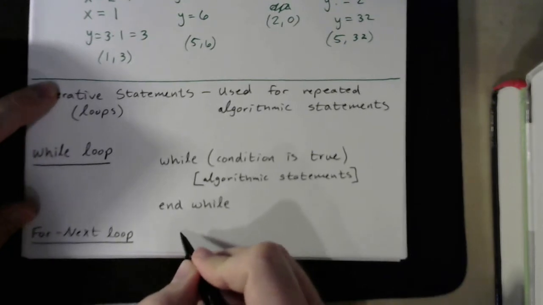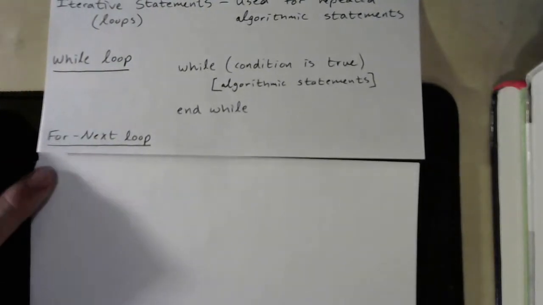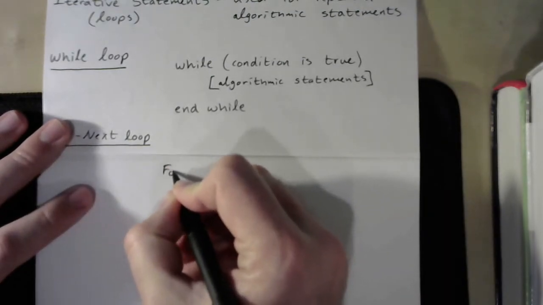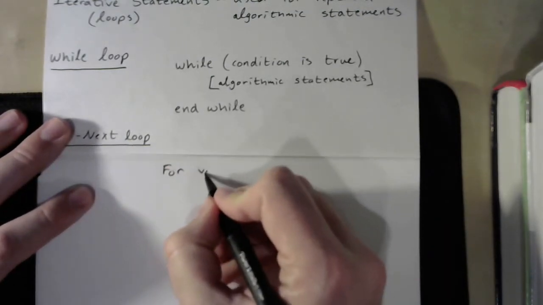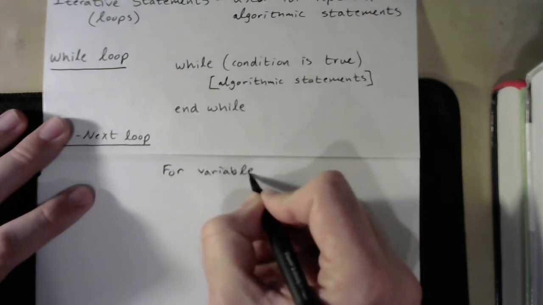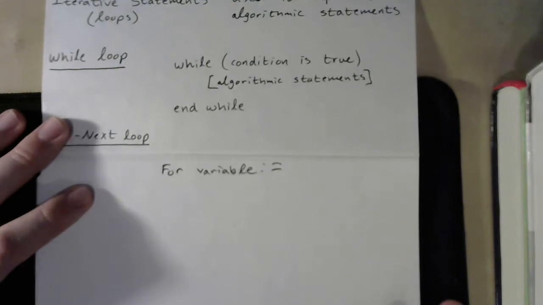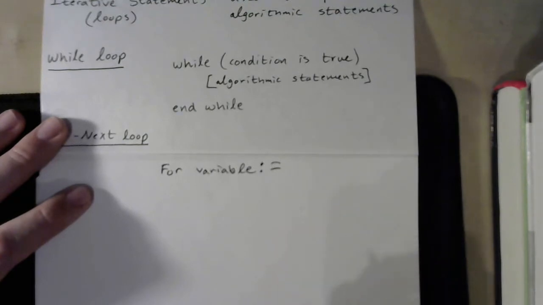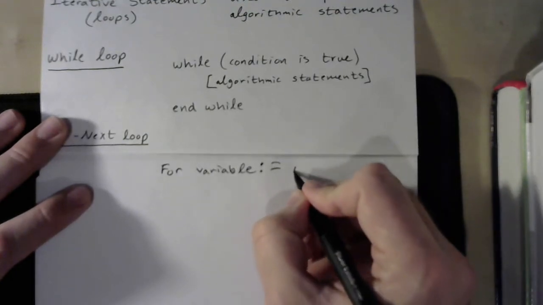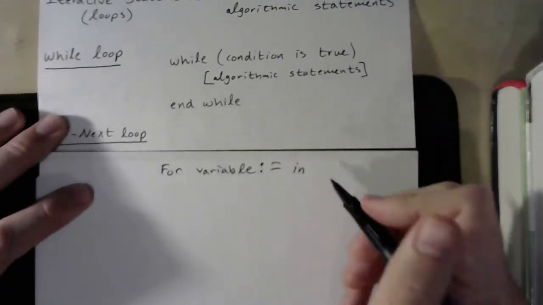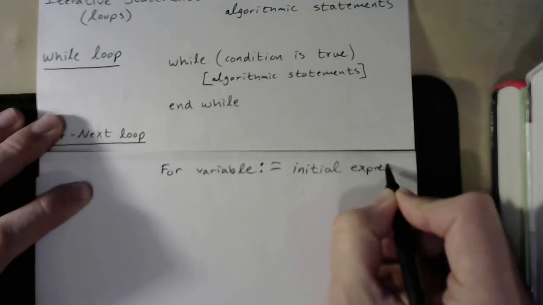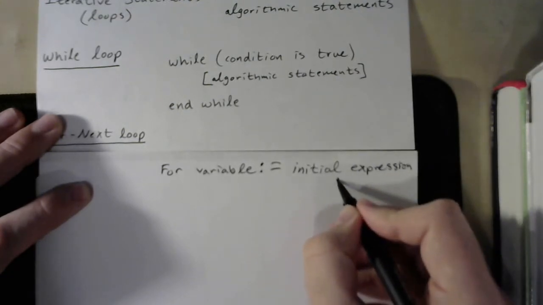So this starts with, need some more space. Let's scoot this up. So for, and some variable gets defined. I need it bigger, don't I? And this will be the initial expression to the final expression.